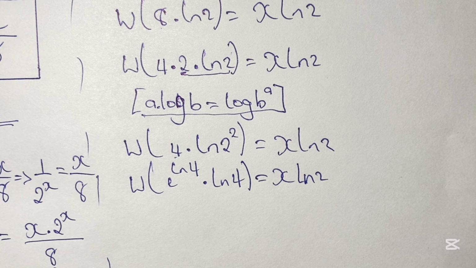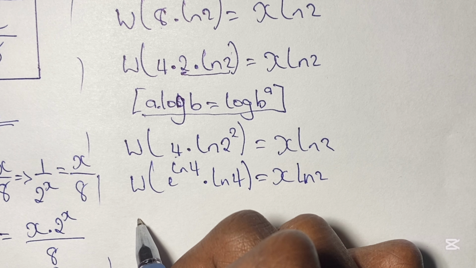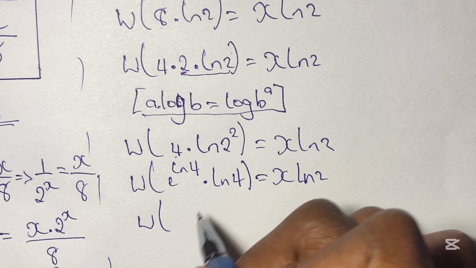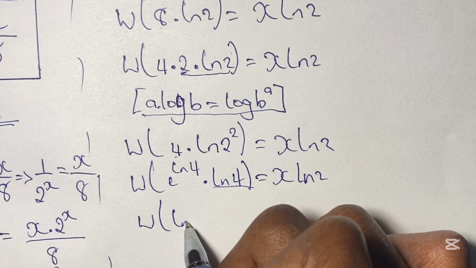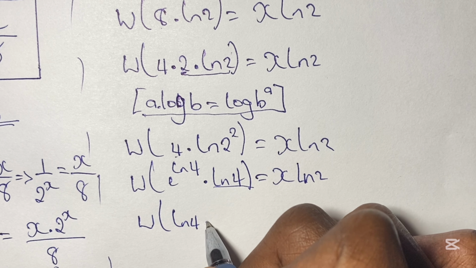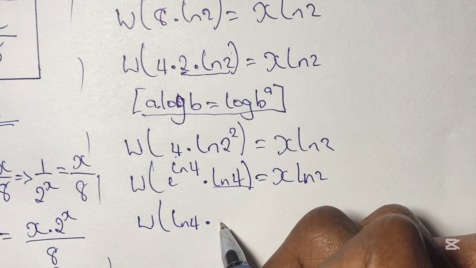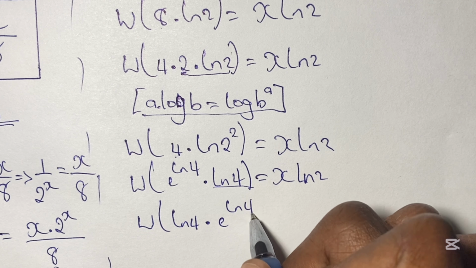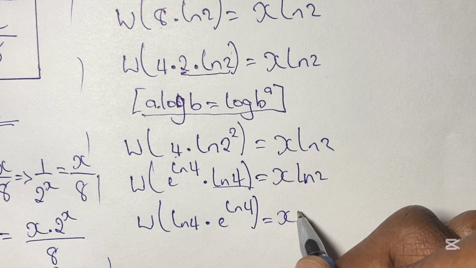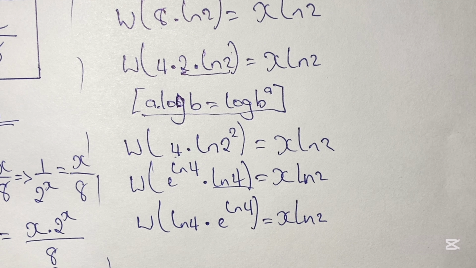Now let us rewrite what we have here on the left, and we are going to change the order. So we have W of ln 4, so we take ln 4 first, and we have this multiplying e to the power of ln 4, and this, as we say, is equal to x ln 2. Notice something interesting here.